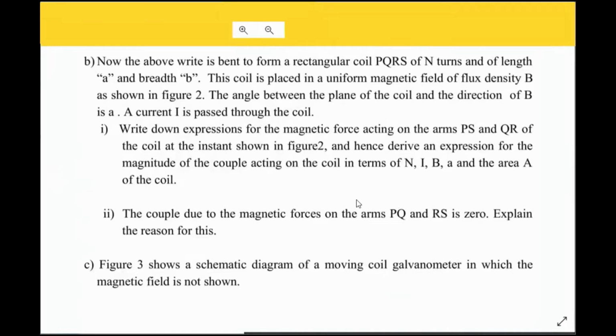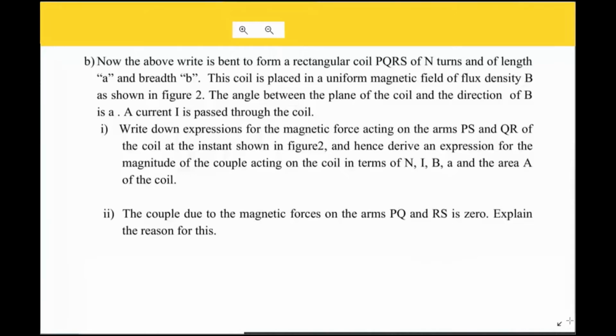Because if you consider PQ, the upper bar, if you consider this rectangular coil, this is PQ. This is P.